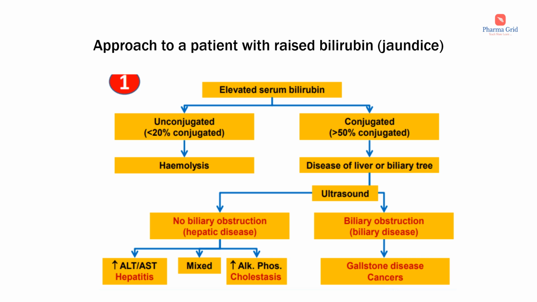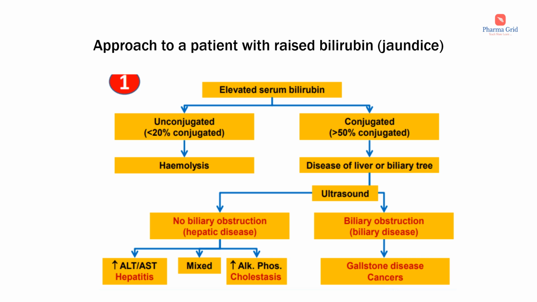The USG would look for evidence of the following: biliary obstruction such as dilatation of the biliary tract, gallbladder mass or any other mass in the liver, then evidence of chronic liver disease such as liver size, smooth or nodular liver surface, regular or irregular liver margin, portal vein dilatation, spleen size, presence of venous collaterals at the splenic hilum and around the portal vein, presence of ascites, etc. A good ultrasound examination can reliably differentiate between liver disease and biliary tract disease as a cause for conjugated hyperbilirubinemia.